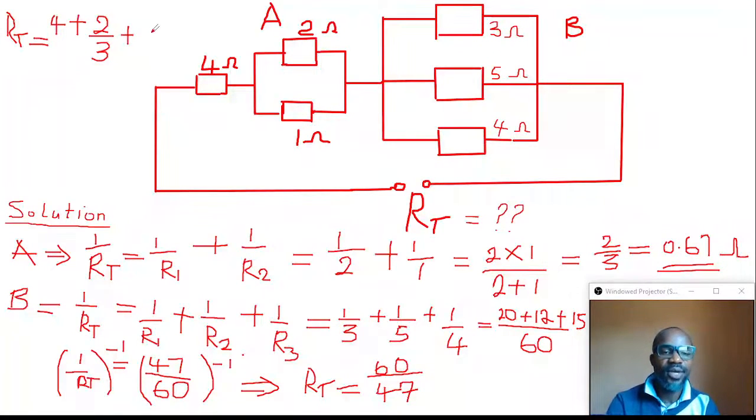All right, so we have 60 all over 47. Good. So that is it, 47. All right, so by the time we simplify, to make this look the same as the others, we are going to introduce all over 1.